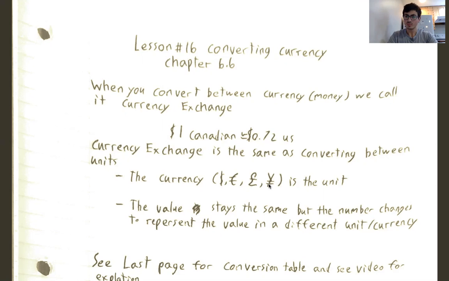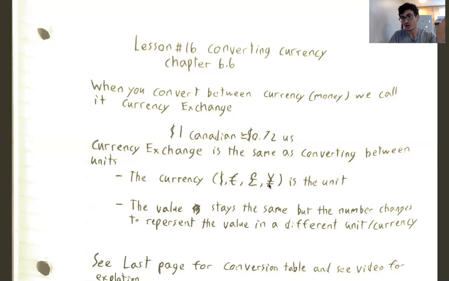So if we're looking at a value, let's say we have one Canadian dollar, and we want to figure out what the value of this one Canadian dollar is. Well, the value of one Canadian dollar is going to be the same as 0.72 US dollars or 72 US cents. So the number is different, but the value of the unit is the same.